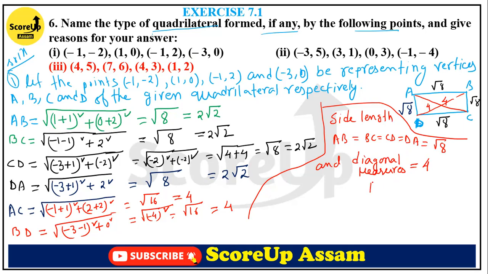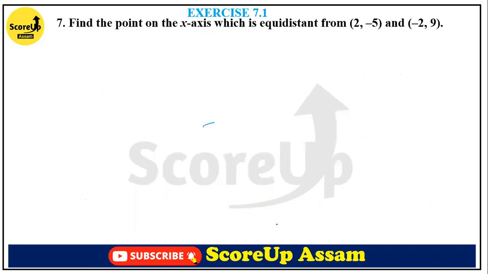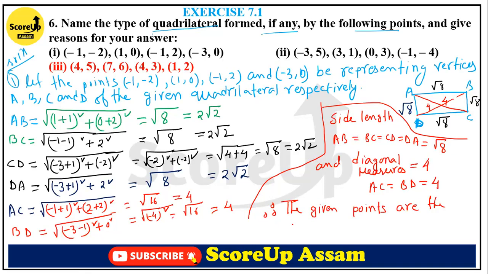What are the diagonals? AC is equal to BD is equal to 4. Therefore, the given points are the vertices of a square.